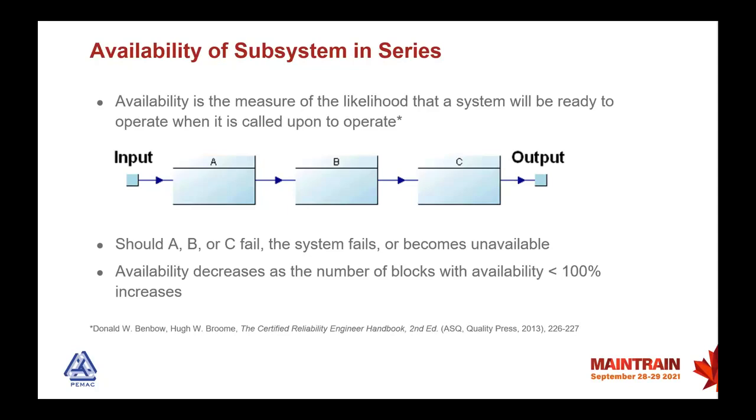That's right out of the Certified Reliability Engineer Handbook. For this simple subsystem, should blocks A, B, or C fail, the system fails or becomes unavailable. And availability decreases as the number of blocks with availability less than 100% increases.